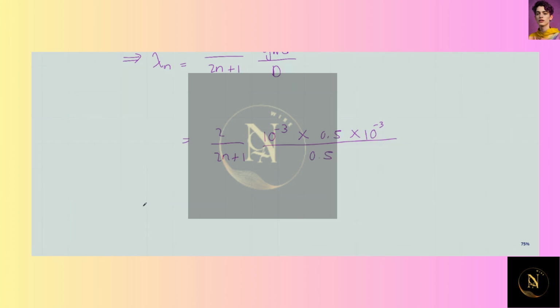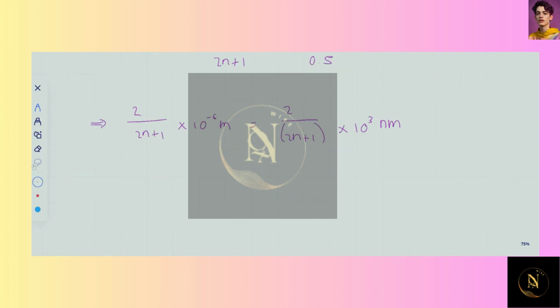And so this implies that 2 over (2n plus 1) times 10 to the minus 6 meters is equal to 2 over (2n plus 1) times 10 to the power 3 nanometers, it follows.